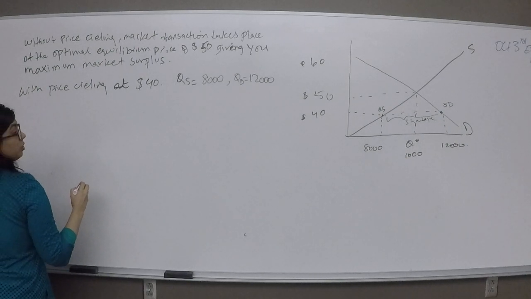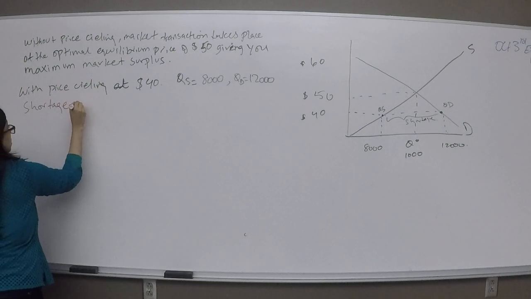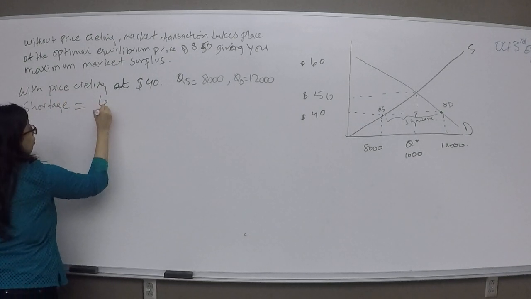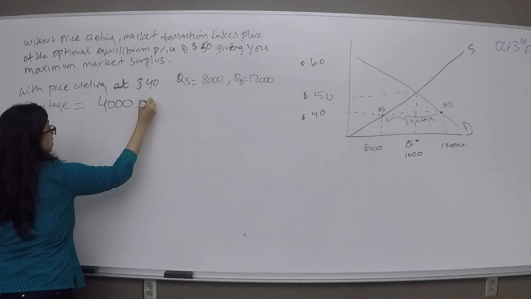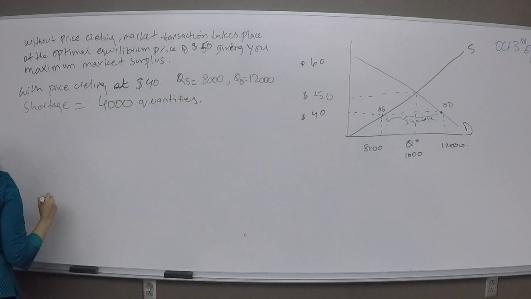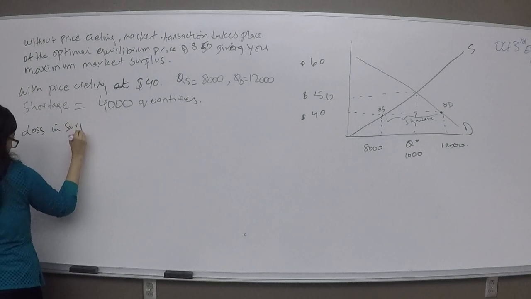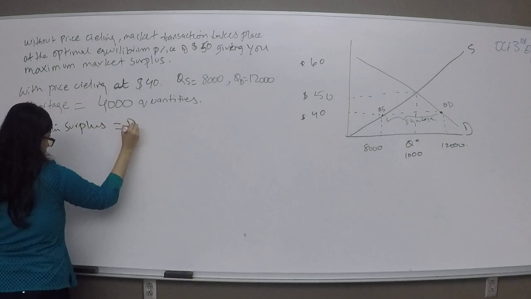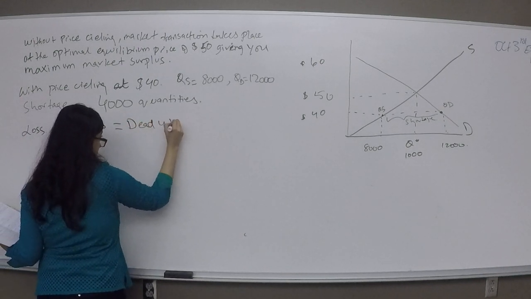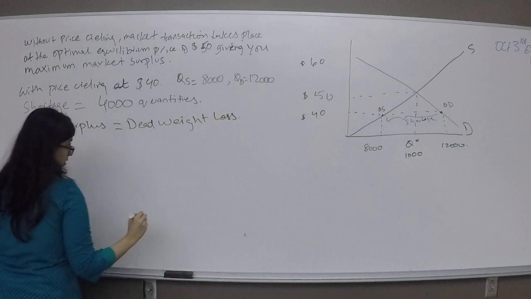The shortage equals 4,000 quantity. Loss in surplus is equal to deadweight loss. That's what it's called, deadweight loss.